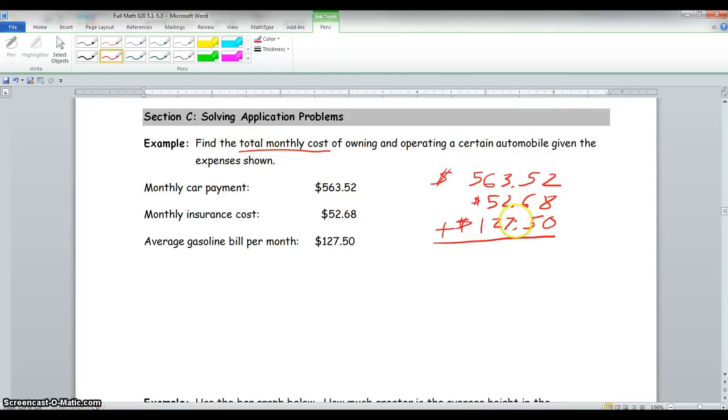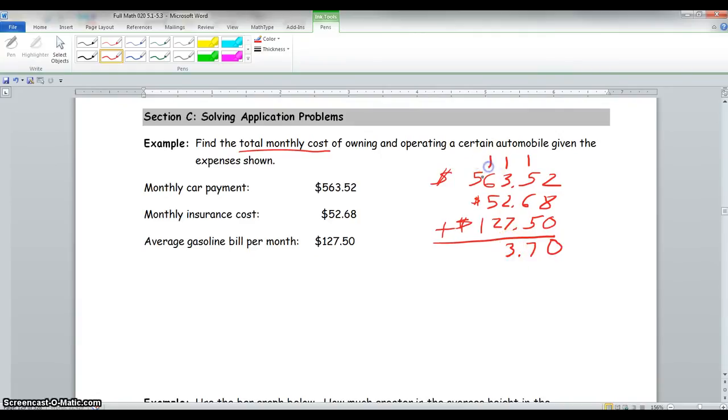Now we add these. We set these up. 2 plus 8 is 10, plus 0 is still 10. So we put our 0, carry our 1. 1 plus 5 is 6, plus 6 is 12, plus 5 is 17. And we carry our 1 and bring down our decimal. 1 plus 3 is 4, plus 2 is 6, plus 7 is 13.